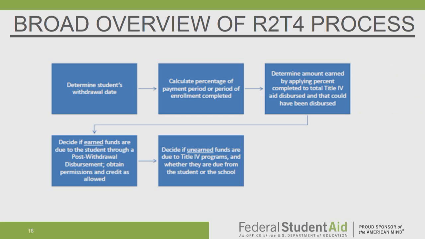You subtract any leave of absence, so the number of days attended is divided by the number of days in the payment period as the denominator. If there is any leave of absence, you subtract it from the denominator and the numerator.